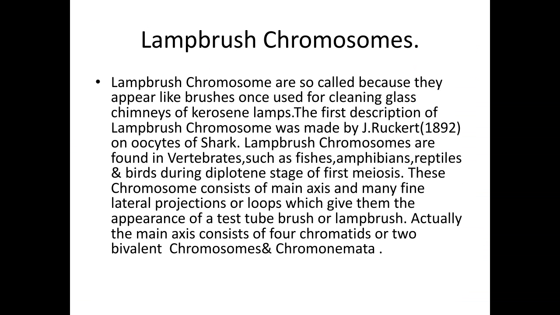These chromosomes consist of a main axis and many fine lateral projections, also commonly known as loops, which give them the appearance of a test tube brush or the lamp brush of chimneys of kerosene lamps. Actually, the main axis consists of 4 chromatids or 2 bivalent chromosomes and chromonemata.